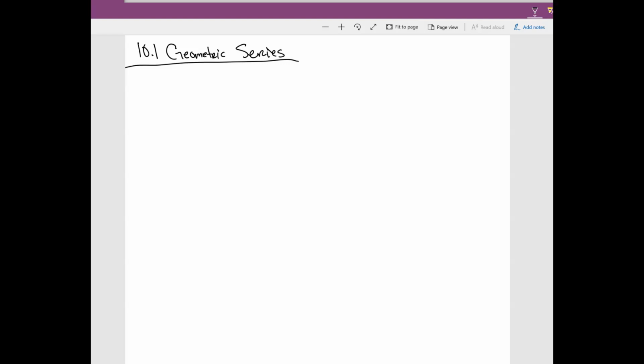To start off with a series, let's start off with a decimal. 0.3333. You know that this can be repeated. So basically this is 1/3. One thing you can do is write this as different fractions: 3/10 plus 3/100 plus 3/1000, and so on and so forth.